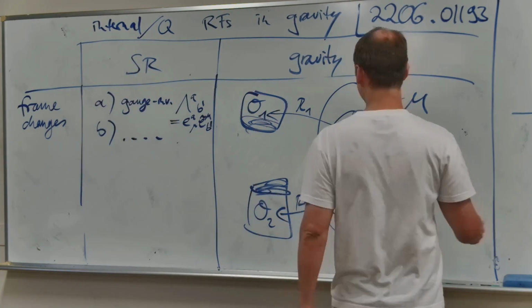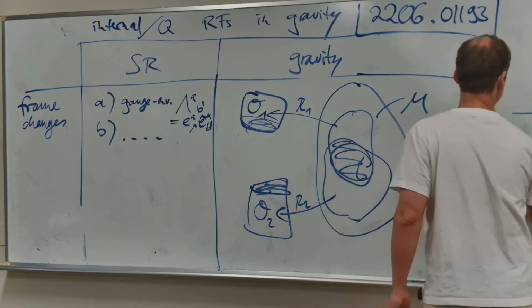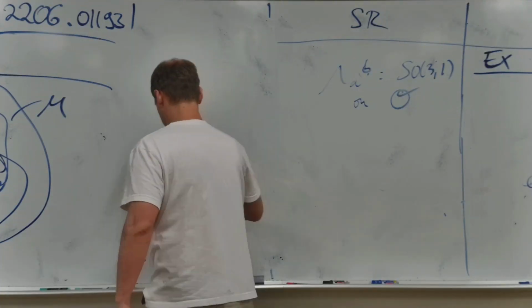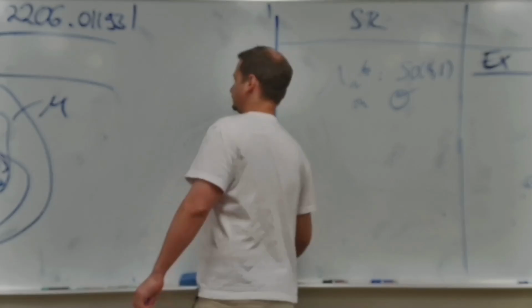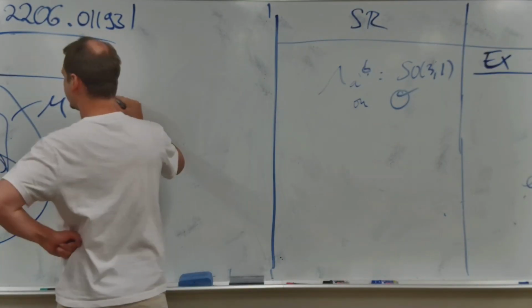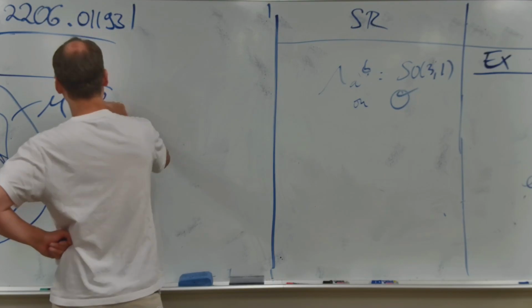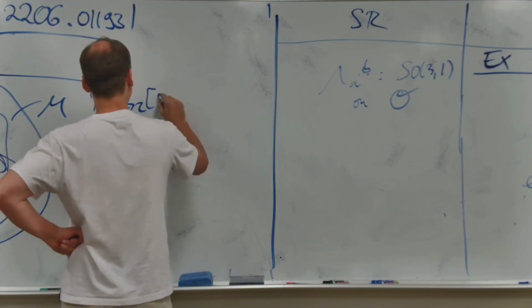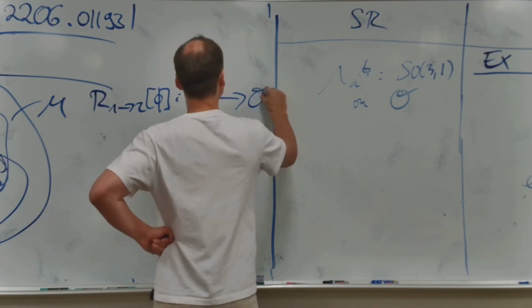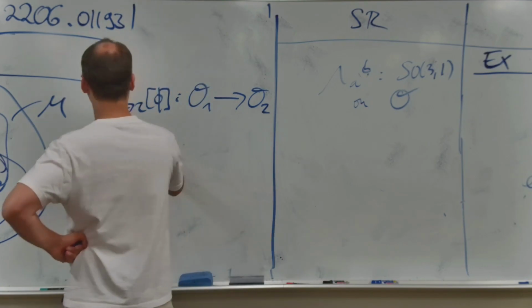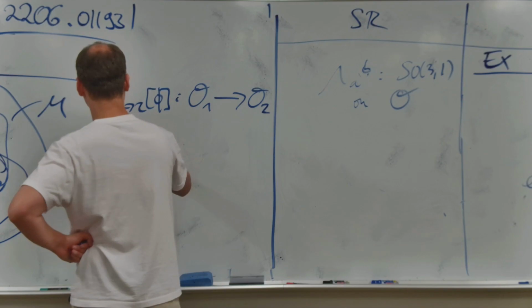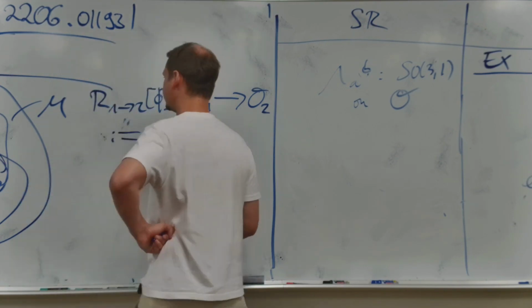So what I'm doing is, yeah, for R1, 2, we'll highlight that it was field dependent. So it's from O1 to O2, and just given by obvious things.